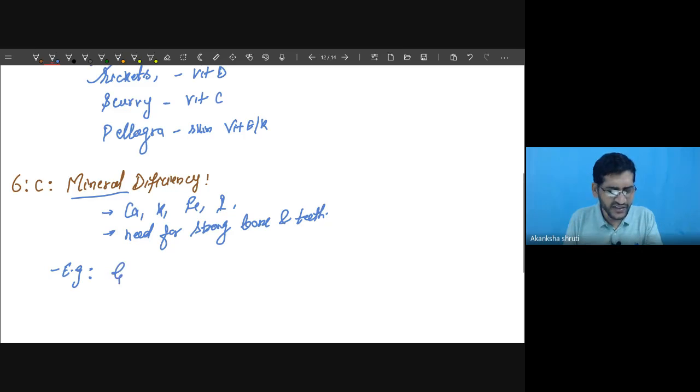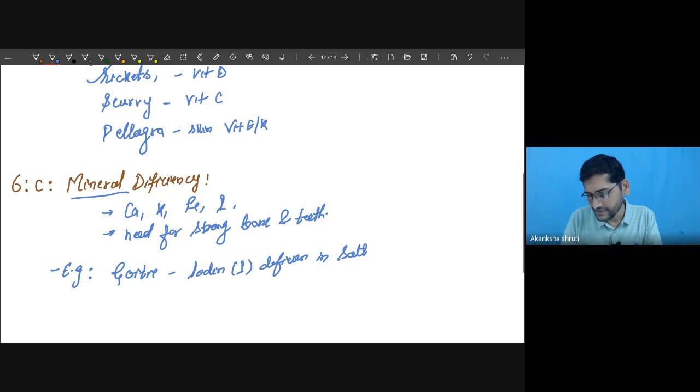Getting, student? So goiter. This is asked. Iodine, denoted as I there, deficiency in salt. If the salt does not contain iodine, then goiter occurs.